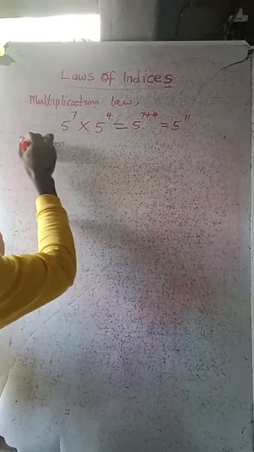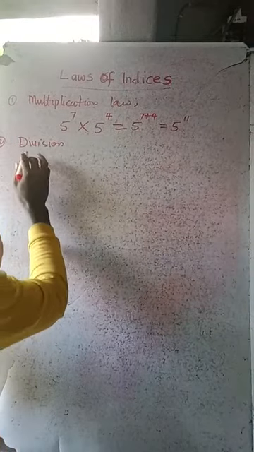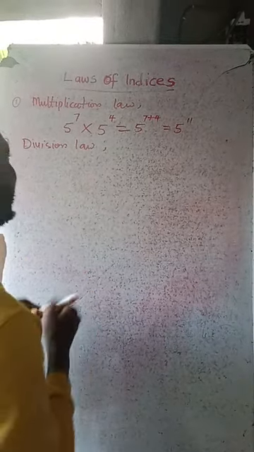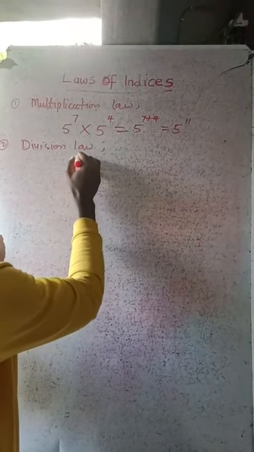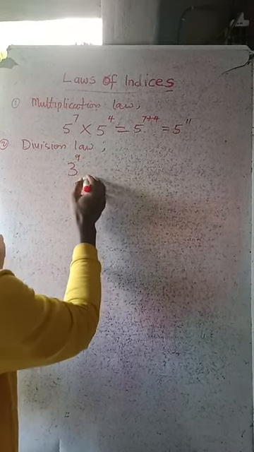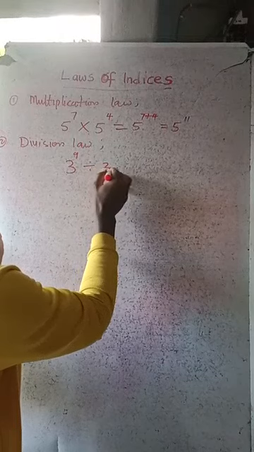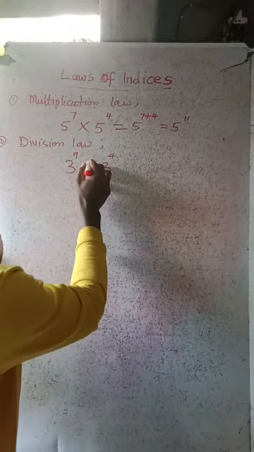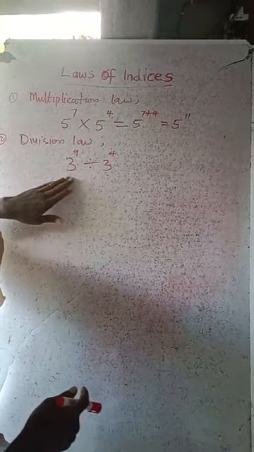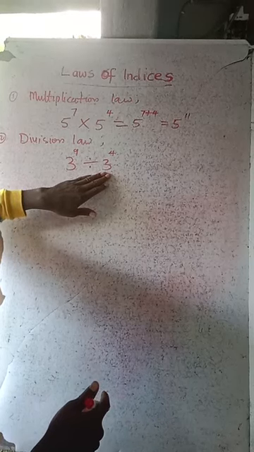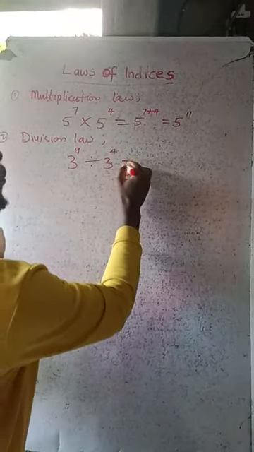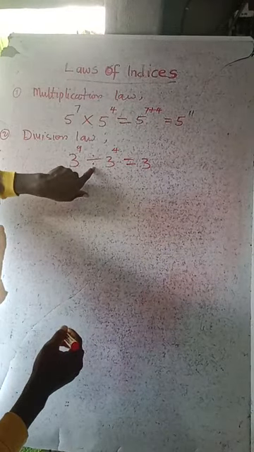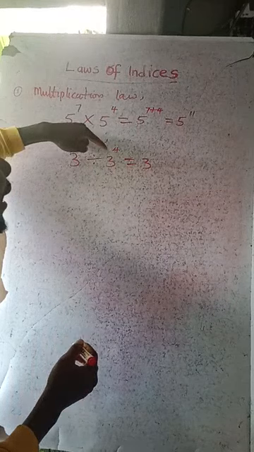So the next one is the division law, number 2. For instance, if I have 3 raised to the power of 9 divided by 3 to the power of 4, the law says that because the bases are the same, I'm going to write one of the bases, which is 3, but their powers, because they are divided, I'm going to subtract their powers.